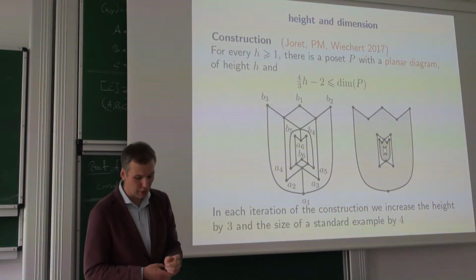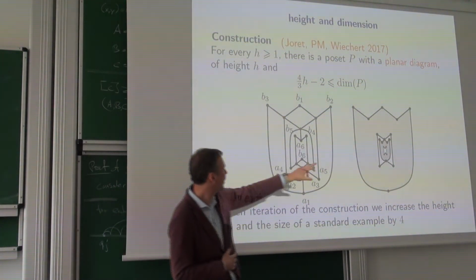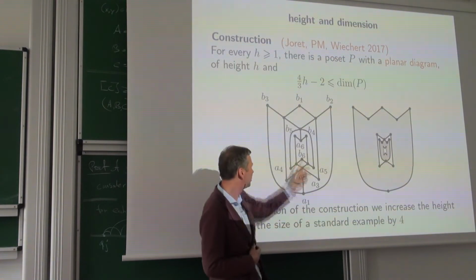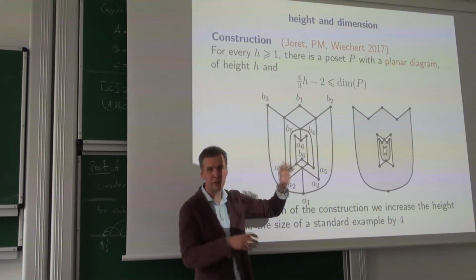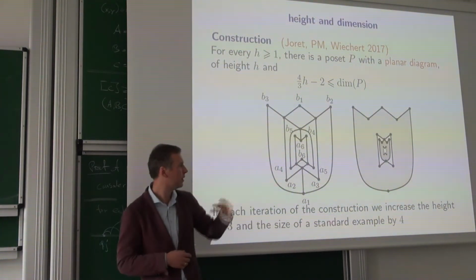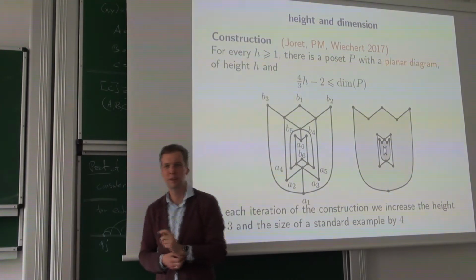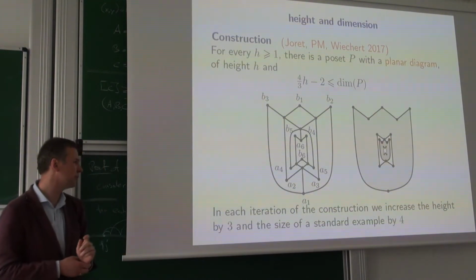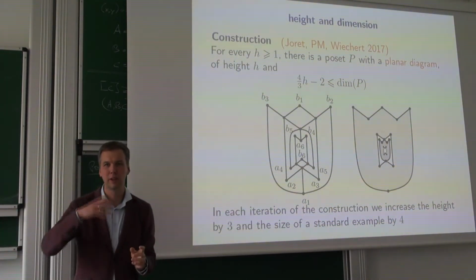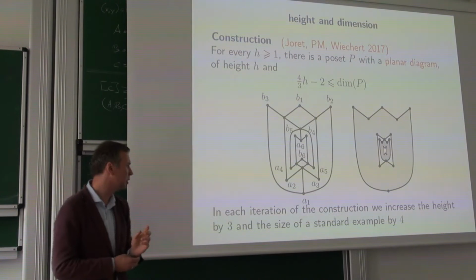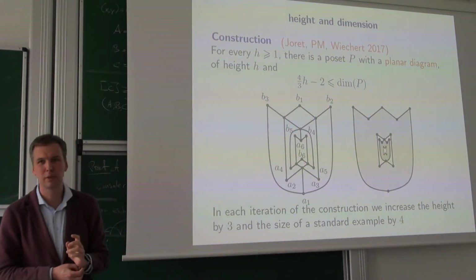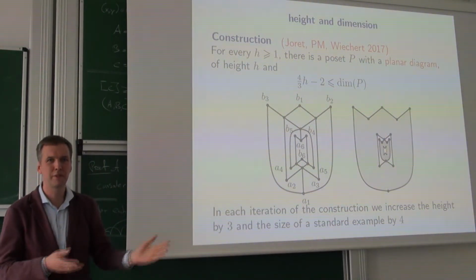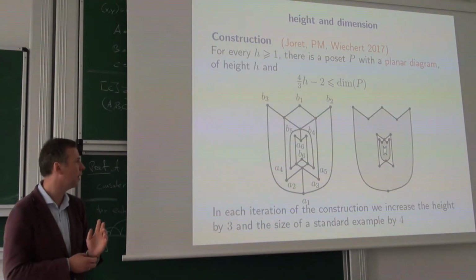And now, when you put this gadget inside, such that the outer vertices coincide with the inner vertices, and you iterate, what you do, if you look closer, is that you increase the height by 3 every step. It's something elementary to check. Trust me.